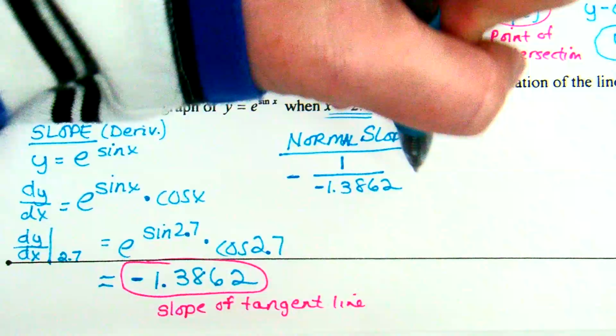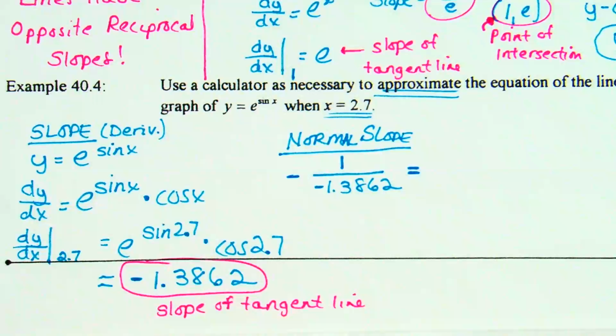Could your calculator do a little math for you there? First of all, what's the negative? And there's another negative in there, so it's going to become a positive, right?